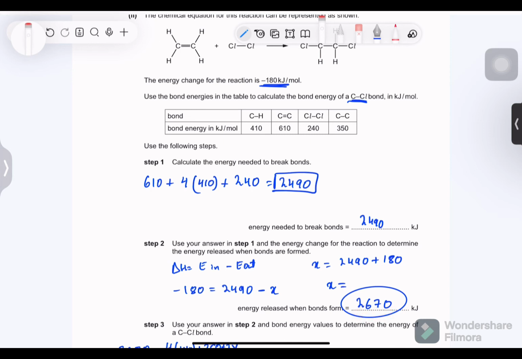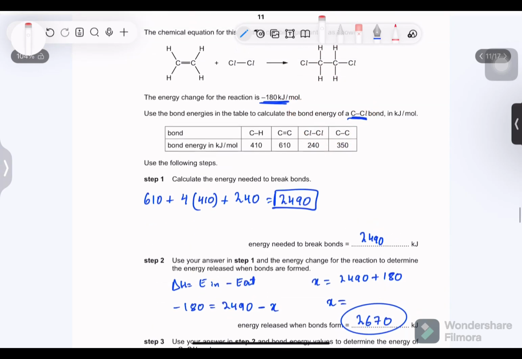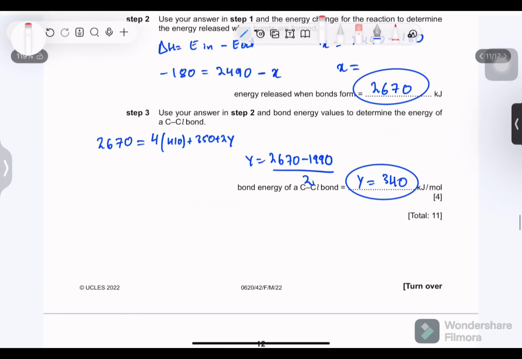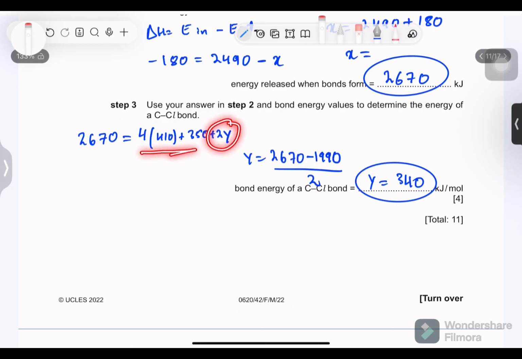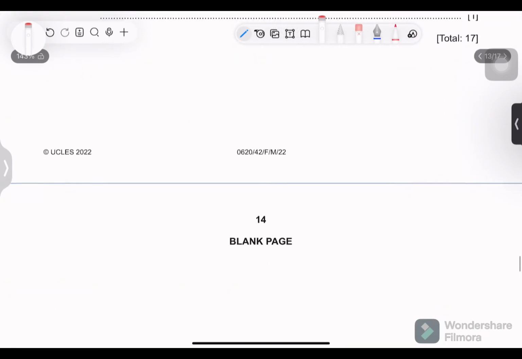The enthalpy change was given and energy in we calculated over here. Now when we knew the total energy released, we also knew these bonds except for the carbon chlorine bonds. So we deducted the known bonds, and because there were two carbon chlorine bonds, we divided by two to get one single carbon chlorine bond.